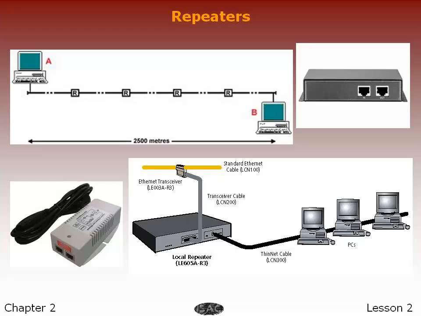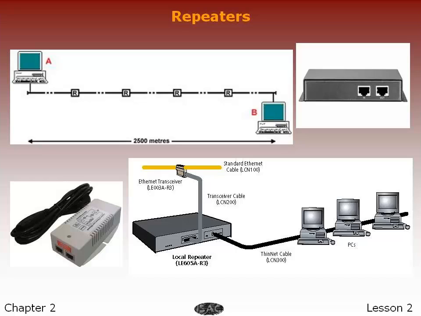Repeaters are used to boost signals in coaxial and twisted pair cable and in optical fiber lines. An electrical signal in a cable gets weaker the further it travels due to energy dissipated in conductor resistance and dielectric losses.